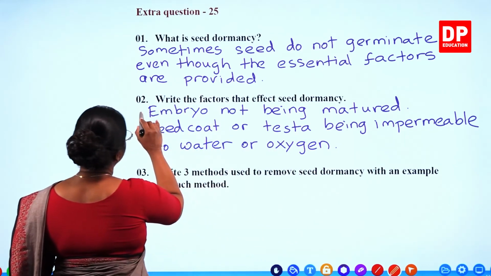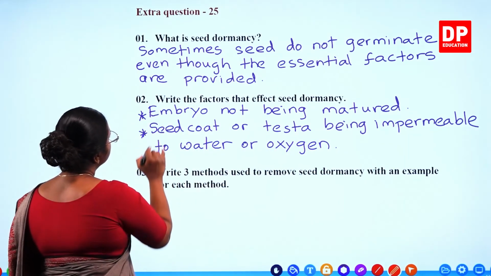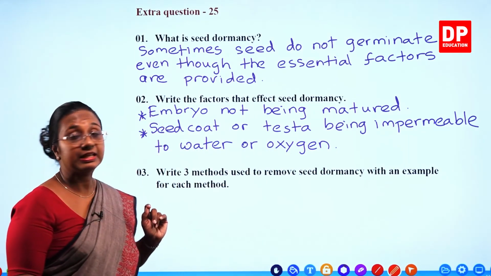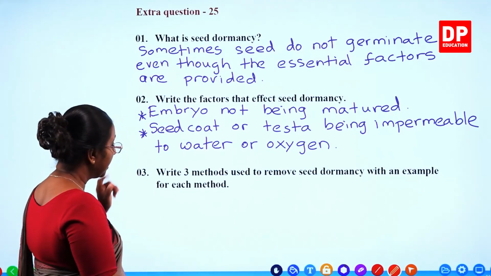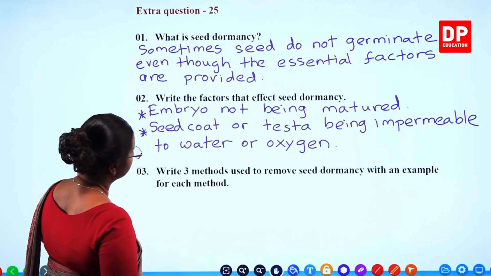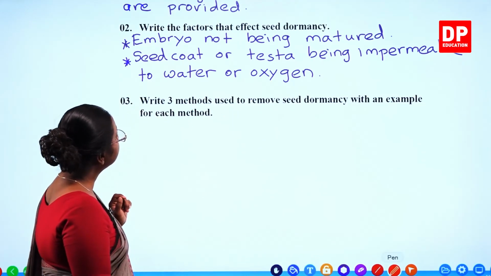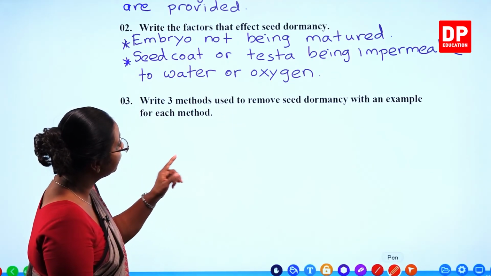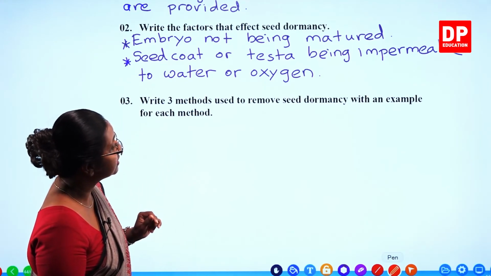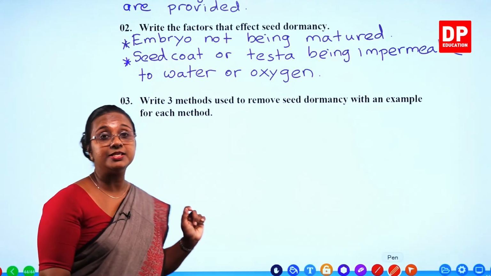That is what the two factors are, the factors that affect seed dormancy. Then there is the next question. Write 3 methods used to remove seed dormancy with an example for each method.